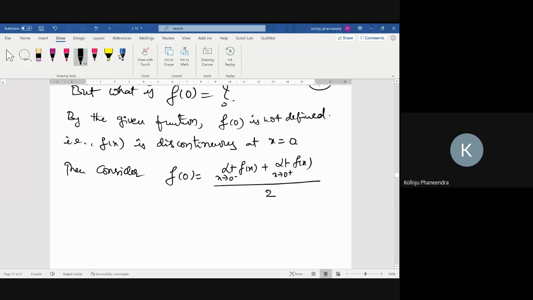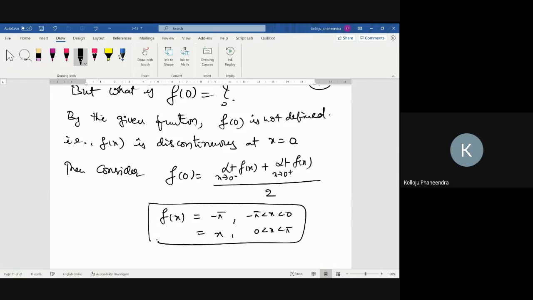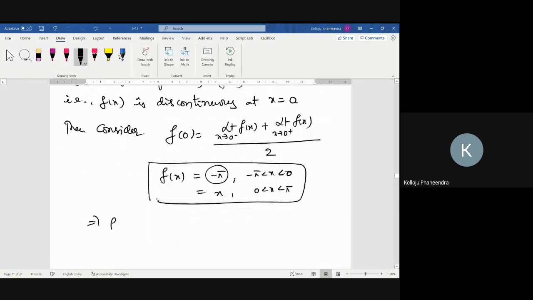What is the function given as? f of x is minus pi in minus pi less than x less than 0, and equal to x in 0 less than x less than pi. This is the function. So when x is less than 0, left limit, the function value is minus pi. Take this as 5: minus pi at x equal to 0. What is the right limit?